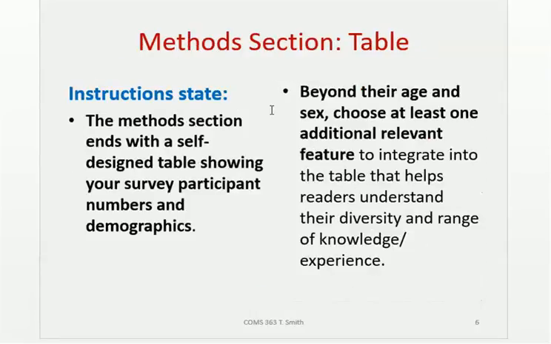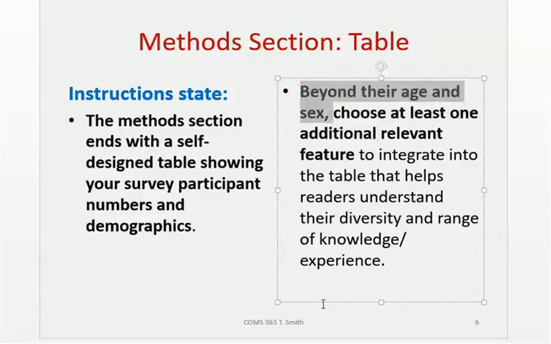In the methods section, this is the kind of table that you're required to put in there for your final report. The instructions state, the methods section ends with a self-designed table showing your survey participant numbers and demographics. And it requires you to put at least 2 of these factors in here, age and sex, but to also go beyond that. So beyond their age and sex, choose at least 1 additional relevant feature to integrate into the table.